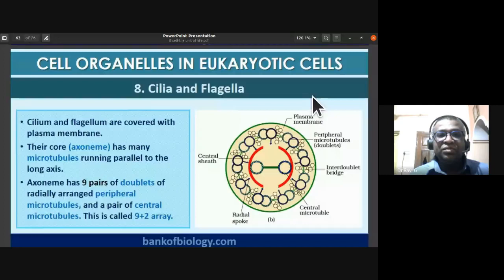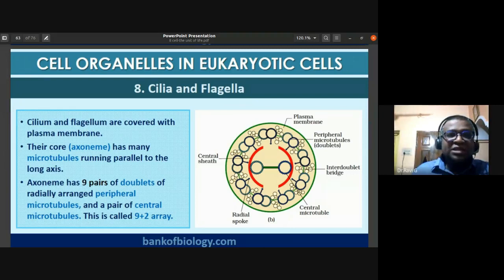If you look into the structure of the cilia and flagellum, they are covered with plasma membrane, an outermost covering called the membrane. Their core, the central part called the axoneme, has many microtubules running parallel to the long axis.